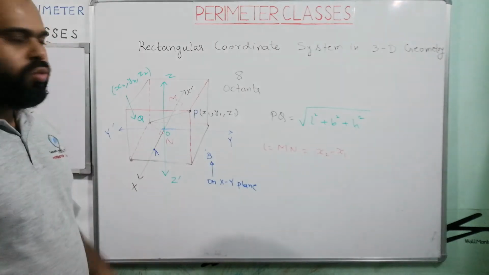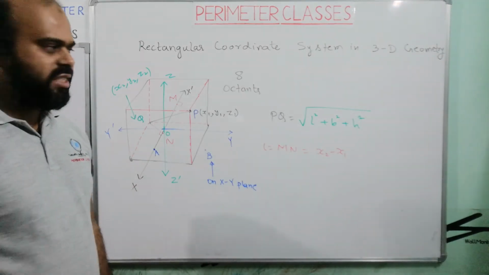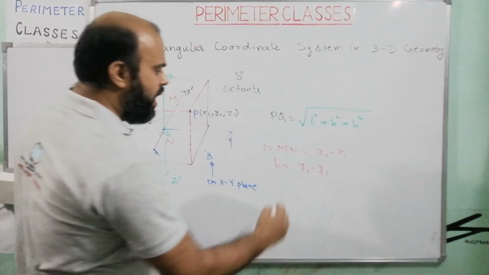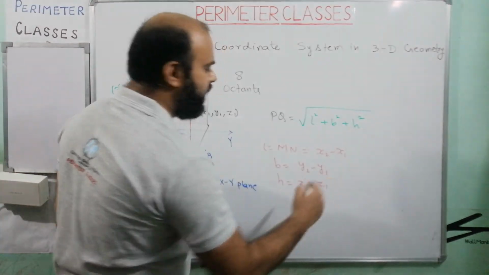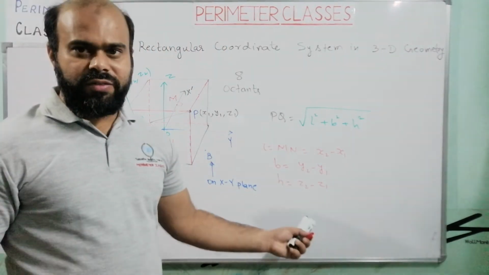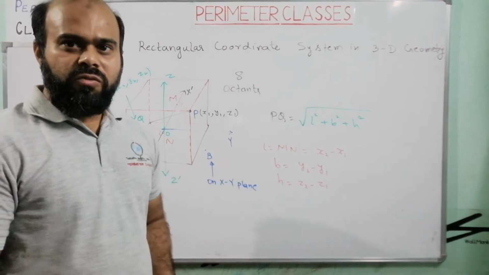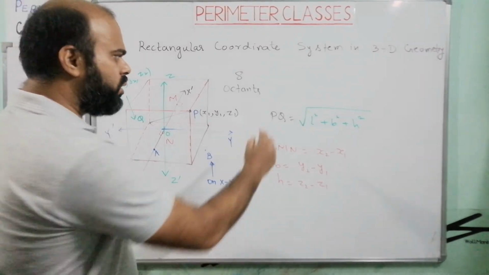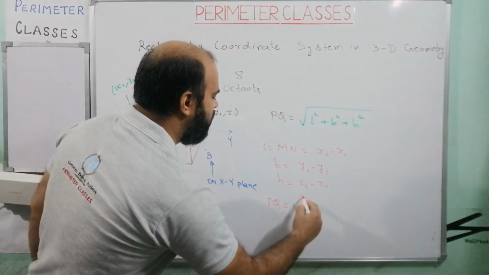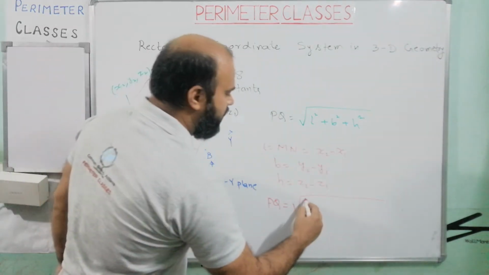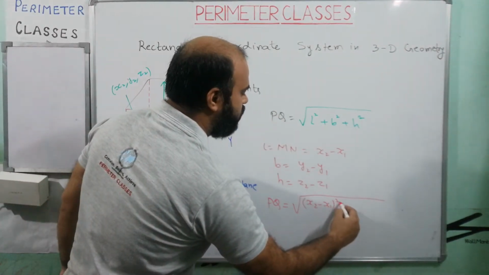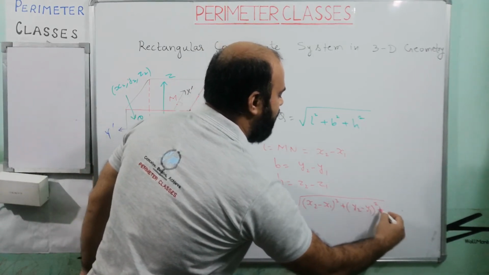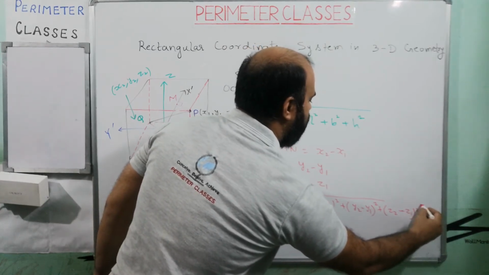Similarly, from P and Q, you can draw perpendiculars on the y-axis and you will find that the breadth is equal to the difference of the y coordinates and the height is equal to the difference of the z coordinates. They may be positive, they may be negative, depending upon whether y1 is greater or y2 is greater. Similarly for the others. Now PQ will become equal to the square root of L square, which is actually (x2 minus x1) whole square, then (y2 minus y1) whole square, and finally (z2 minus z1) whole square.